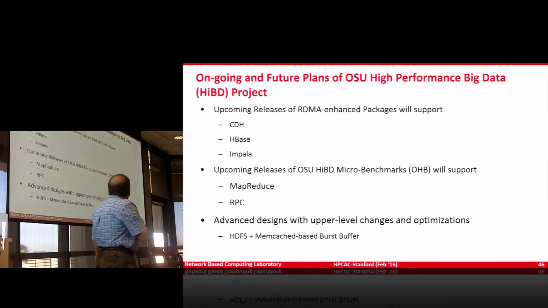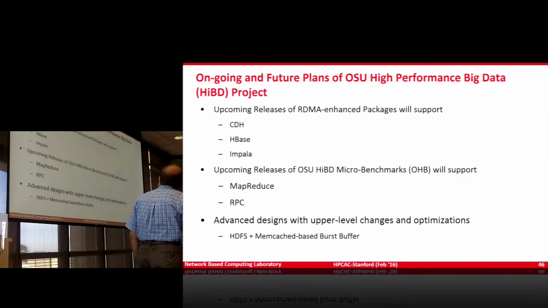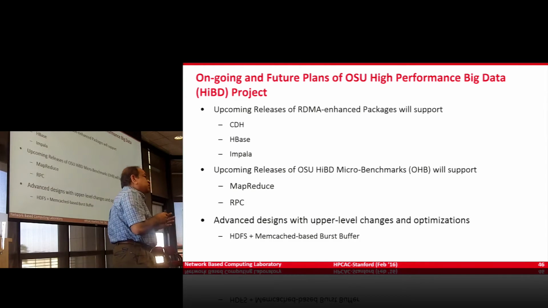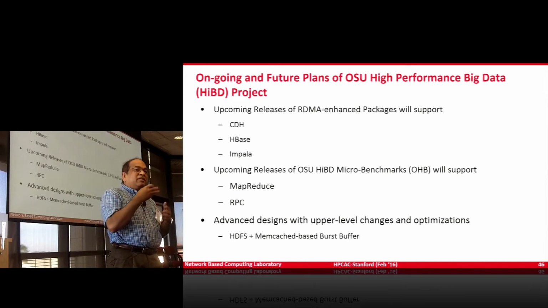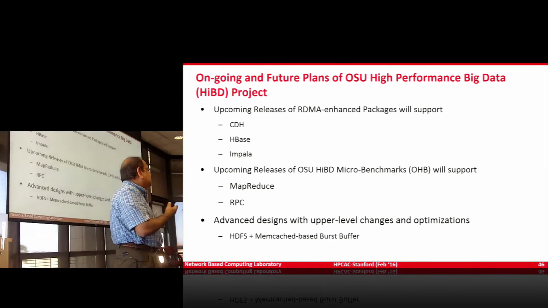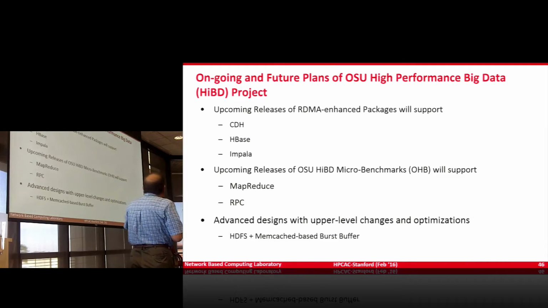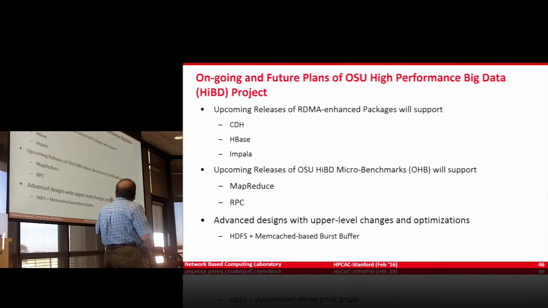To conclude, for the last 3 years, especially in our group, we have been asking how HPC is moving ahead, how we can take advantage of those technologies, and how we can accelerate the big data stack. We have already made several of these stacks available, and our next releases will be the Cloudera distribution.